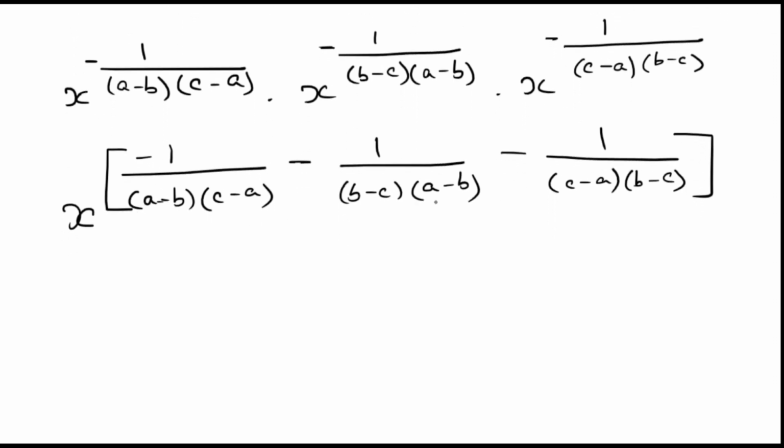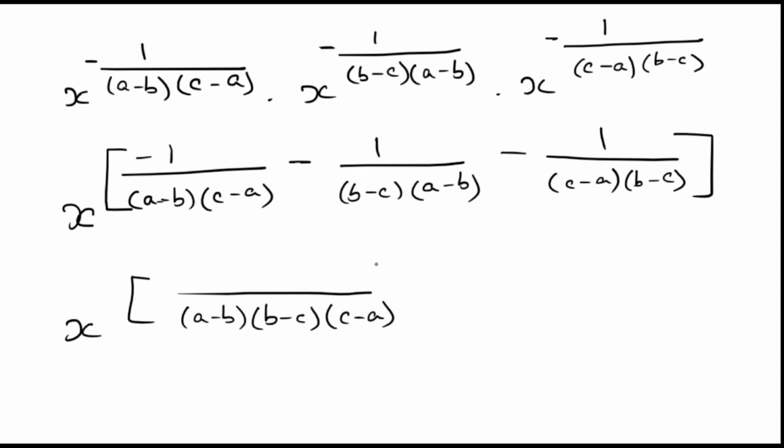Now taking the LCM for the denominator, you'll get (a minus b) into (b minus c) into (c minus a) as the LCM.